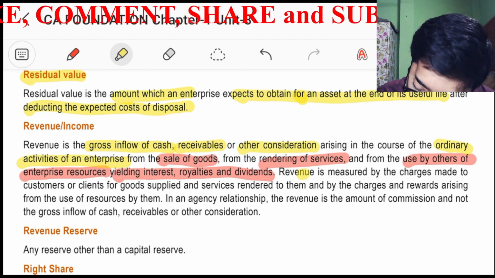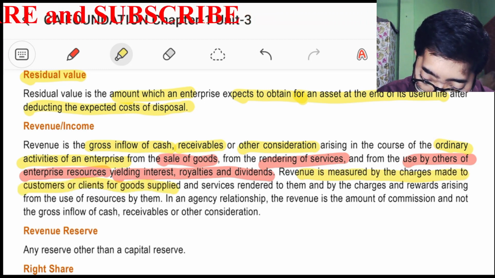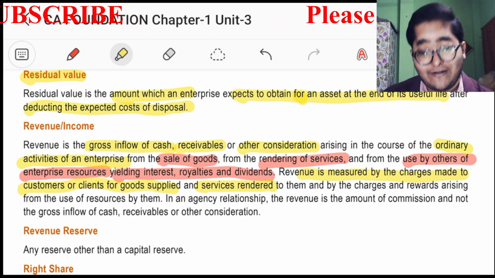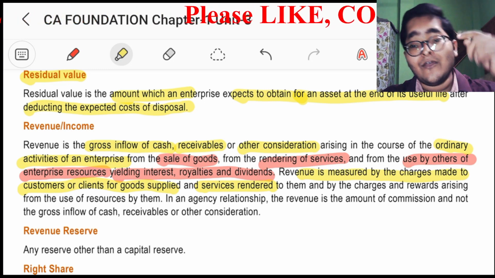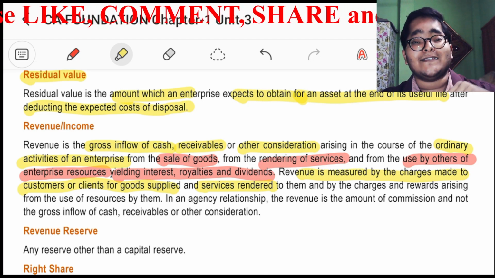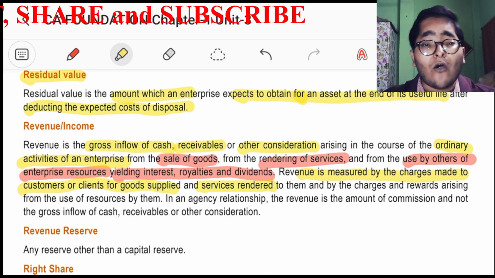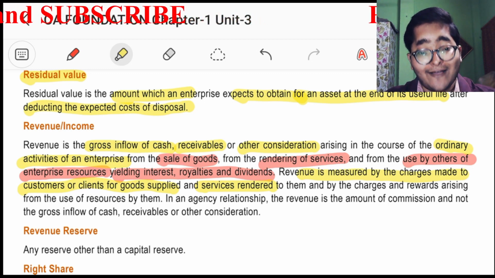Revenue is measured by the charge made to the customers or clients for goods supplied or services rendered. Revenue is measured by the charge that is made by the business from the customers for rendering a service or selling a good.